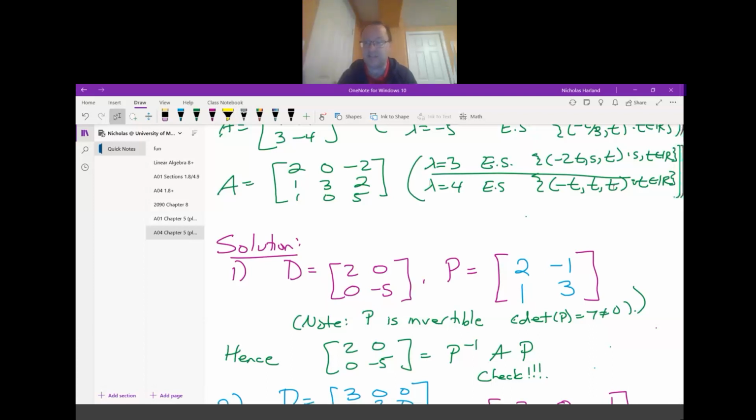So in our last example, we had 2 free variables, 2 parameters. Since we had 2 parameters, we could get 2 eigenvectors that were not linear combinations of each other, or in this case, multiples.